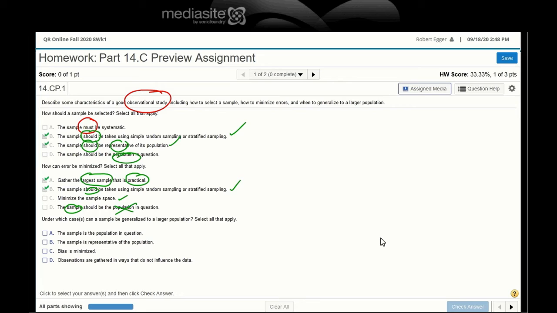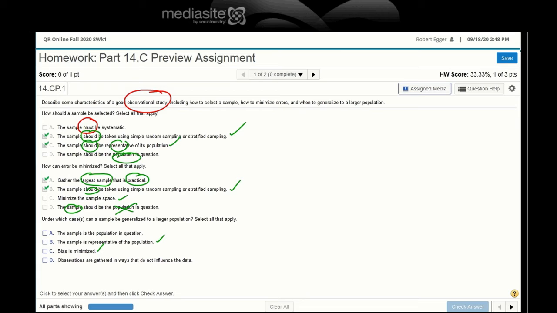Under which cases can a sample be generalized to a larger population? Select all that apply. The sample is the population in question. The sample is representative of the population. Bias is minimized.